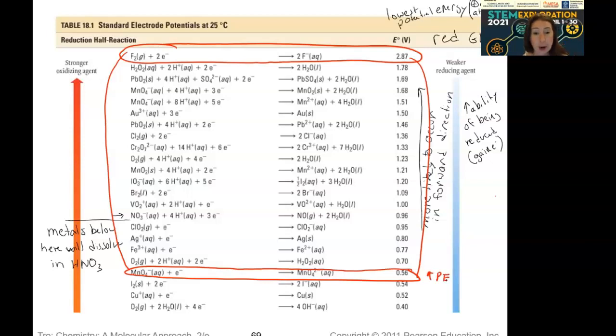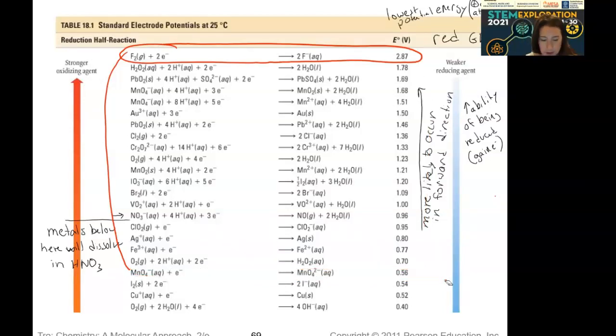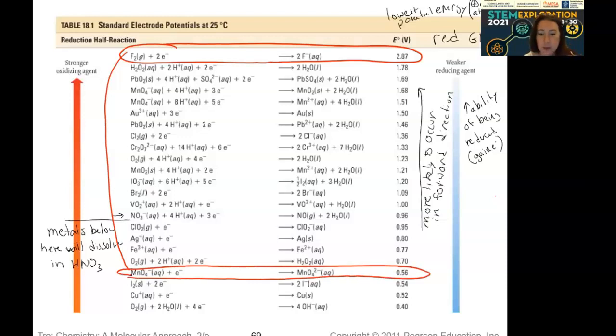And electrons always like to go from high potential energy to low potential energy, right? And so therefore, I want to keep these together. This one, again, the higher it is, the more likely it is to go in the forward direction. So this one is more likely to be reduced. Well, the lower it is, the more likely it is to go in the reverse direction. So this one will actually flip.